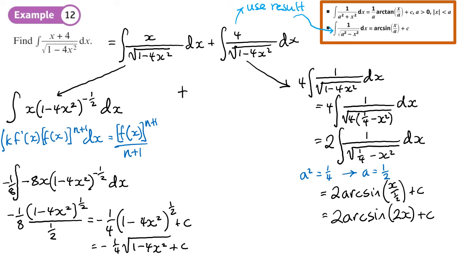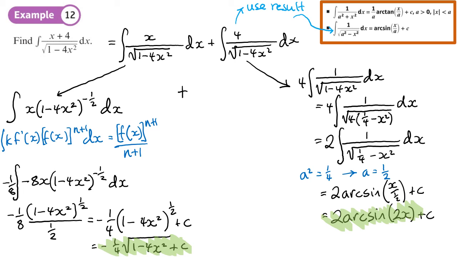So now we have our final answer. We just put those two bits together. We take what we've got written here for this half, what we've got written here for this half. Obviously we just need to write plus c at the end. And yeah, let me put the positive term first.